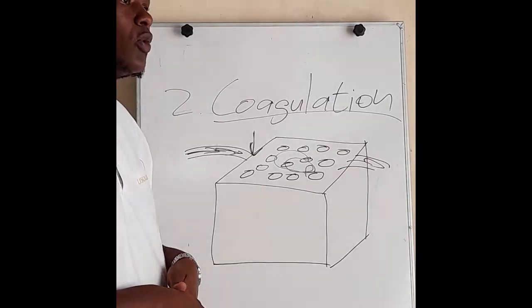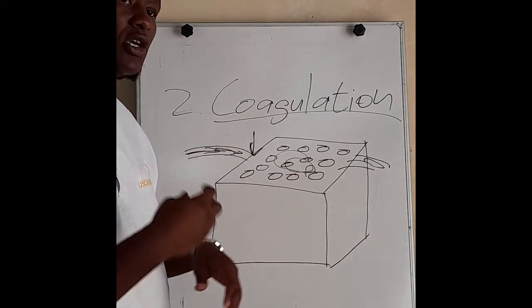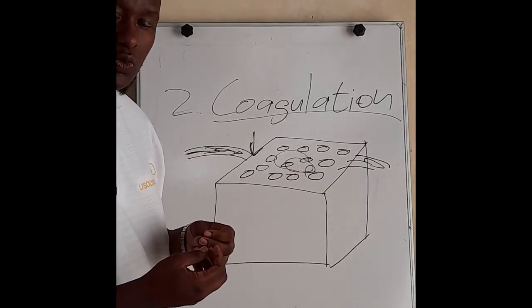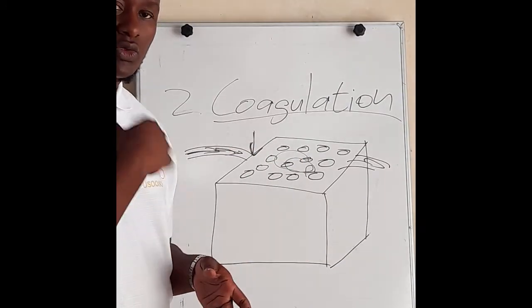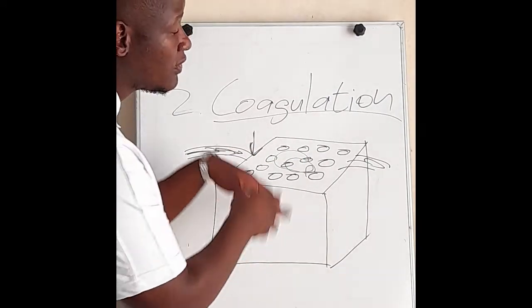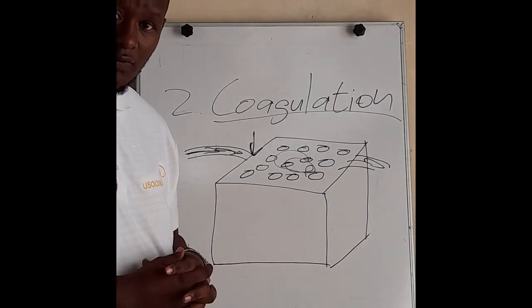So what does that then do? Remember, we said that there are solid particles that were not held up by your screens. They also passed through the grit channels. Now they're here, so we are basically trying to get rid of those.